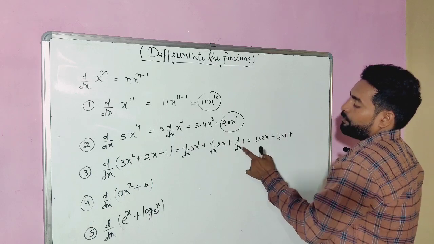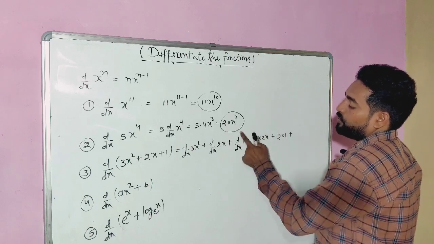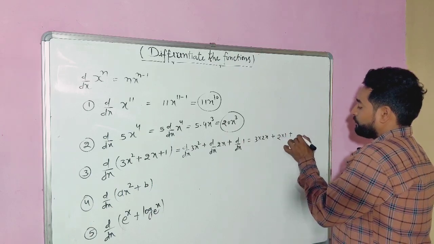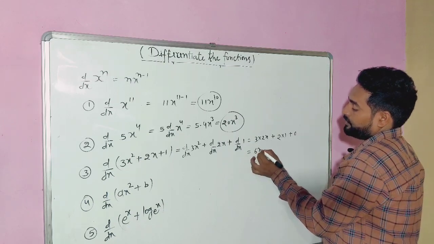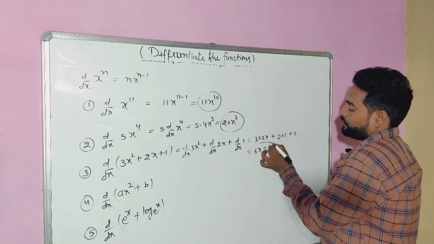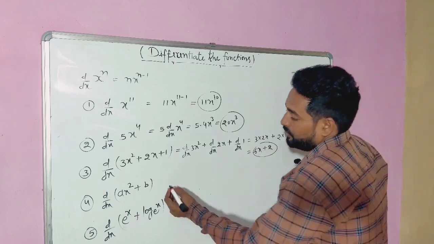Plus d upon dx 1, which is a constant, so that value is 0. We solve it: 3 into 2 is 6x plus 2 into 1. That is the answer of this question.